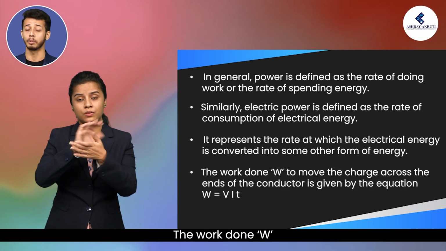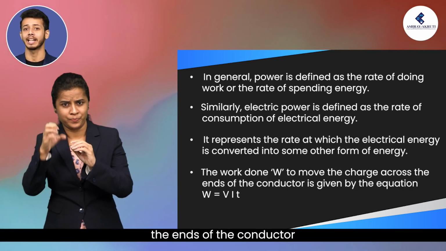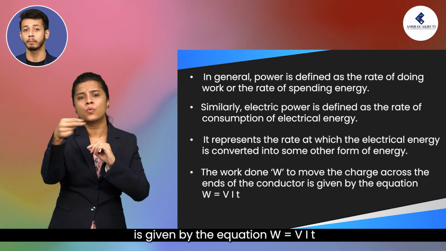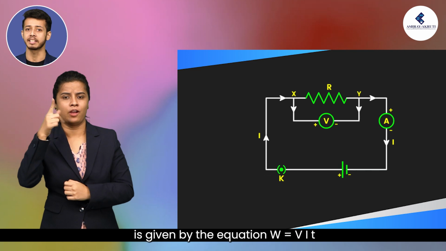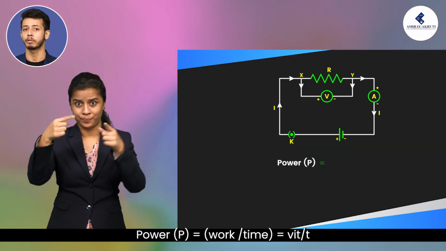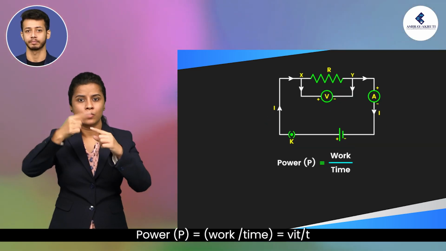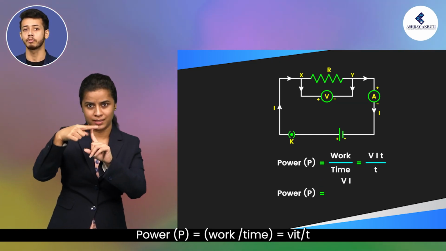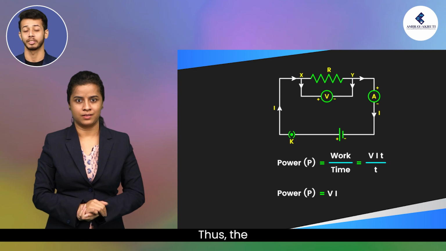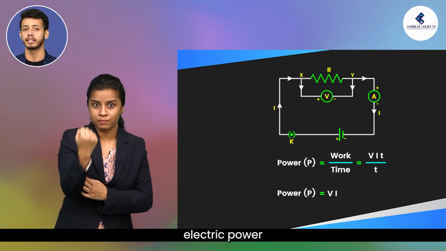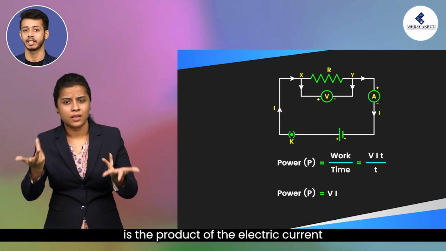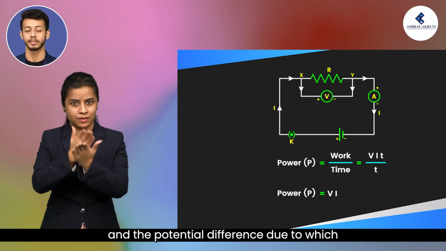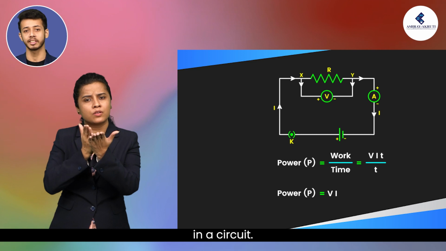The work done W to move the charge across the ends of the conductor is given by the equation W equals VIt, where power P equals work by time equals VIt by t, P equals VI. Thus, the electric power is the product of the electric current and the potential difference due to which the current passes in a circuit.